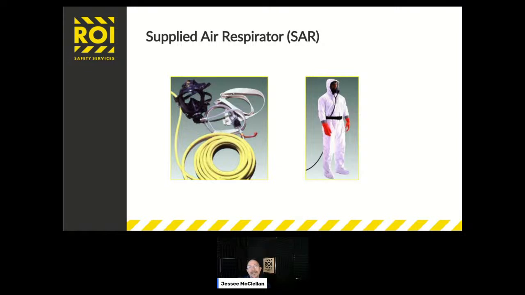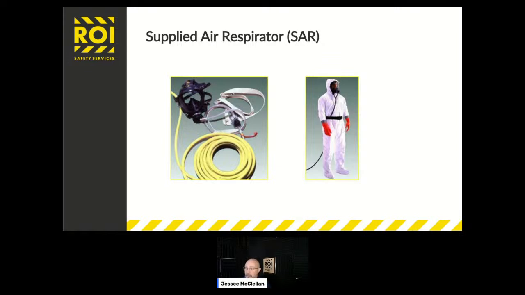But it is really nice to have supplied air when you're in, let's say, a confined space for an extended period of time, or you're in an atmosphere where you're not sure if there's a potential for change in the atmosphere.